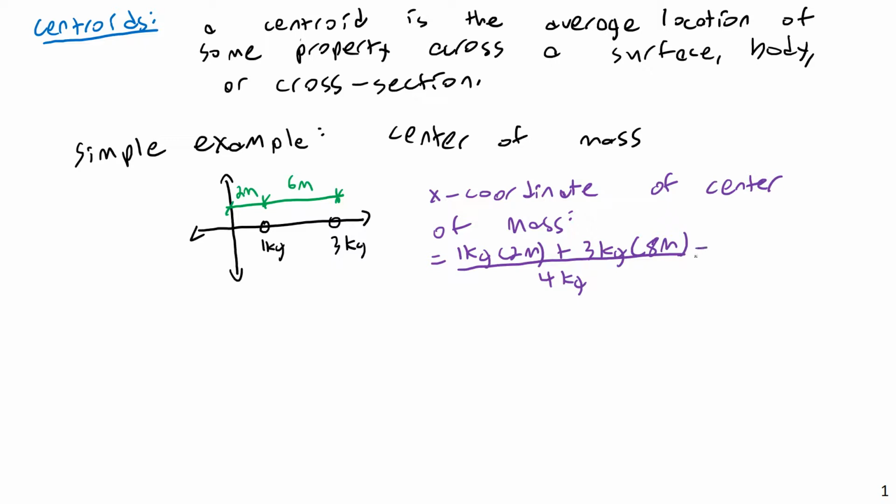So what would that come to? That would be 2 plus 24 divided by 4. So 26 over 4, and that would be 6.5 meters, of course.